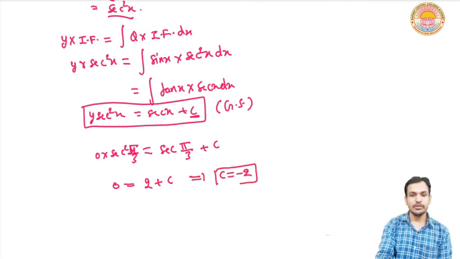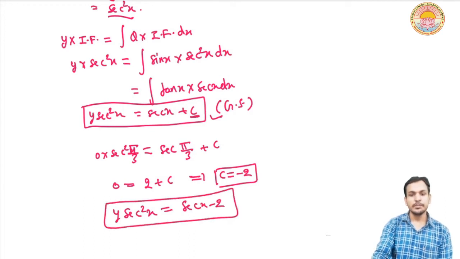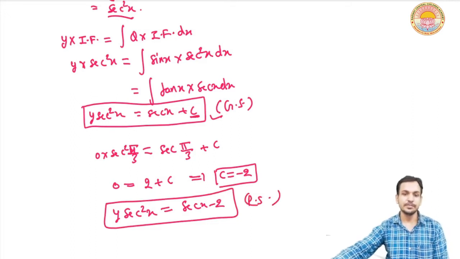Now putting this value of c in the general solution, we will get the required particular solution. y into sec square x is equal to sec x minus 2. This is the particular solution for the given linear differential equation under the given conditions.